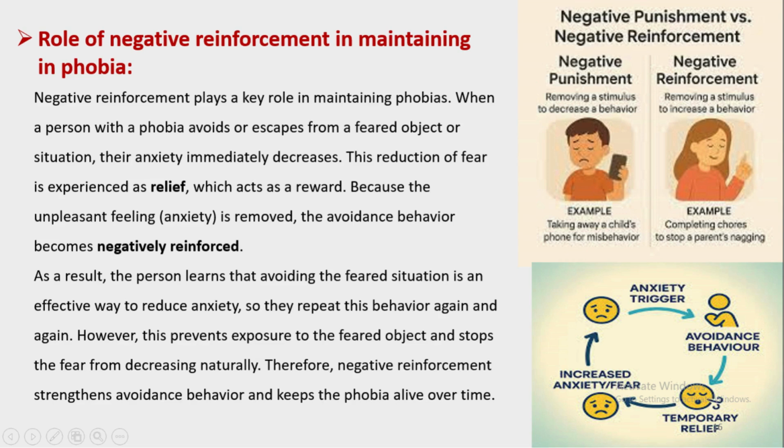So the avoidance behavior becomes negatively reinforced. As a result, the person learns that avoiding the feared situation is an effective way to reduce anxiety, so they repeat this behavior again and again. However, this prevents exposure to the feared object and stops the fear from decreasing naturally. Therefore, negative reinforcement strengthens avoidance behavior and keeps the phobia alive over time.